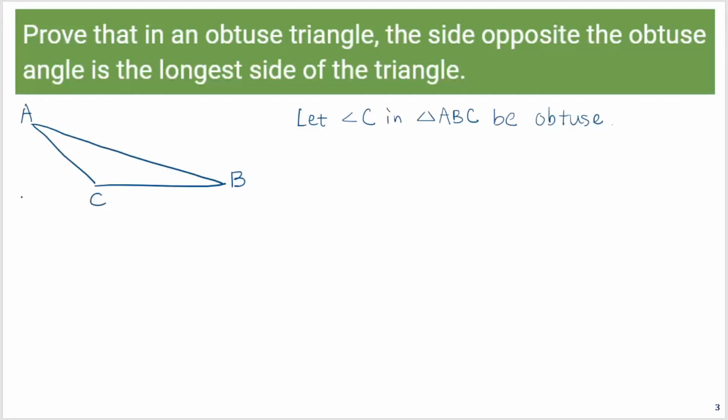We want to prove AB is greater than AC and AB is greater than BC, right?